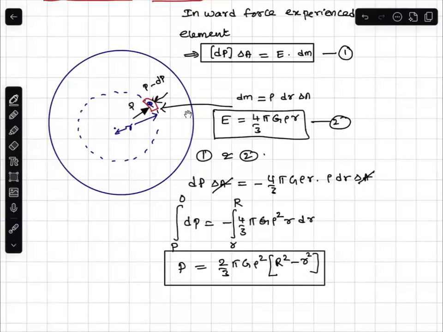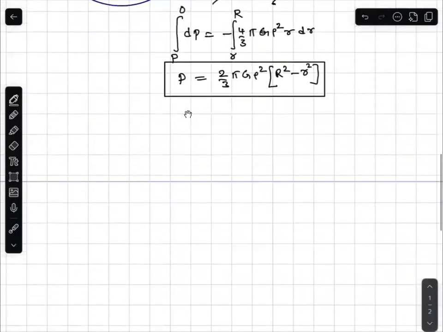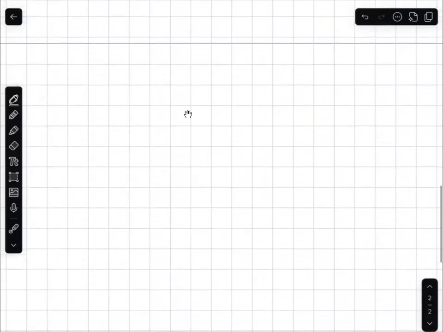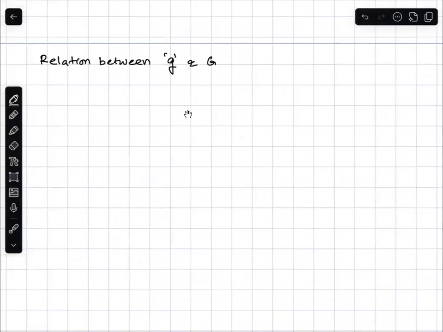The next concept. Okay. Relation between small g and capital G. One is acceleration due to gravity. Remember, you should use acceleration due to gravity only for Earth.